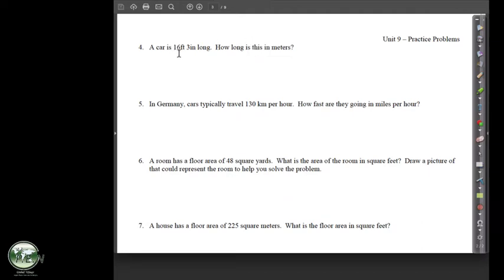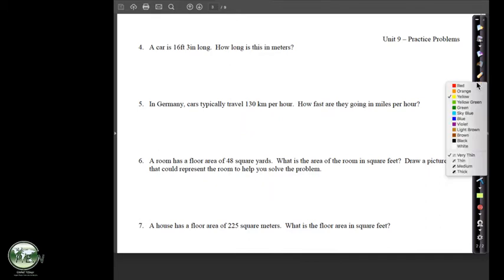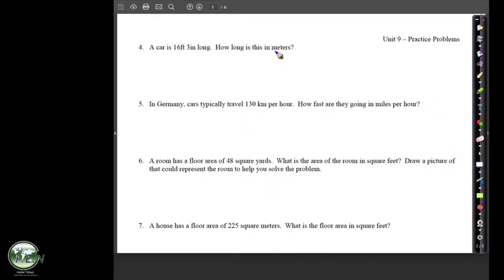So we've got a car that's 16 feet, 3 inches long. How long is this in meters? So what do we need to know? Well, first of all, this is in 2 different units, feet and inches. So what we're going to probably want to do is convert it to just feet or just inches.